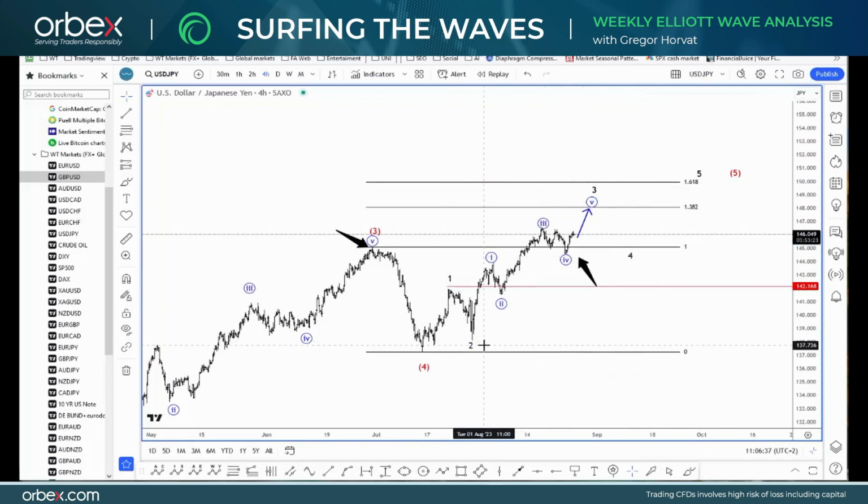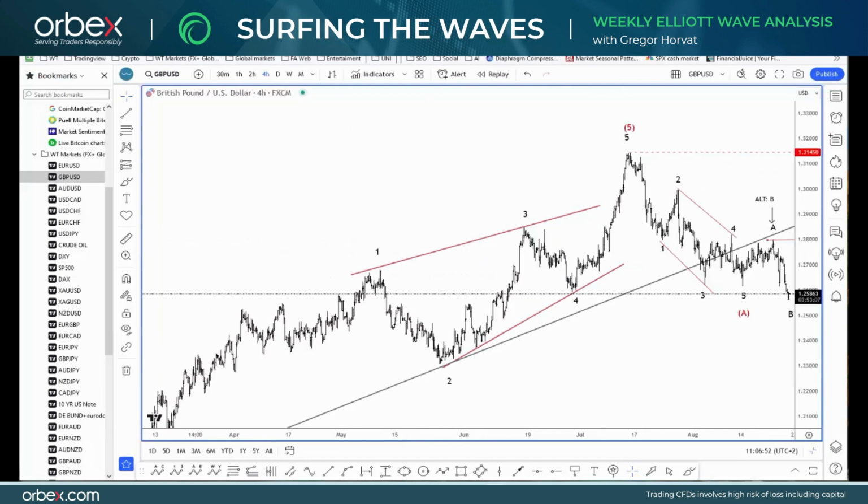For now the trend is still intact, but whenever there are intervention talks, there is a chance that the market will turn around, and ideally this will happen after completion of a 5-wave rise from these July lows.